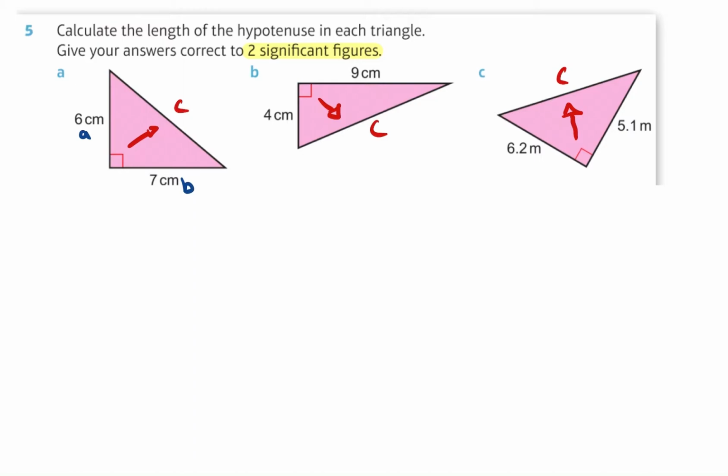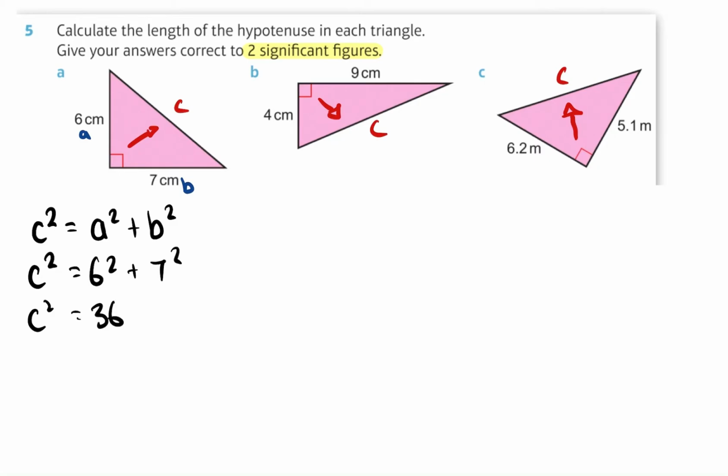So the first one, I'll do the first one for you. C squared equals a squared plus b squared. So we've got 6 squared plus 7 squared. So c squared equals 36 plus 49, so C squared equals 85. Now what you want to do in your calculator here, for accuracy or ease, you can go to square root of your last answer, or square root of 85.